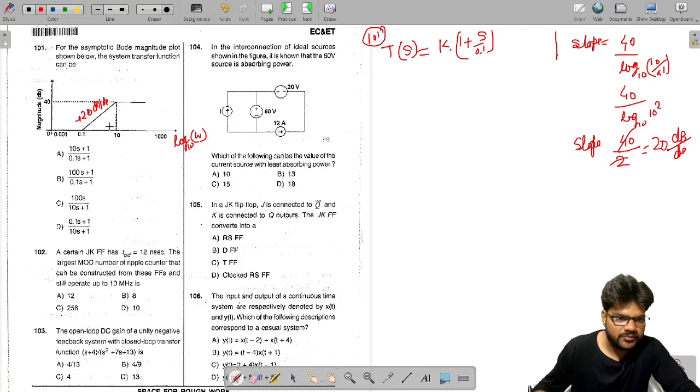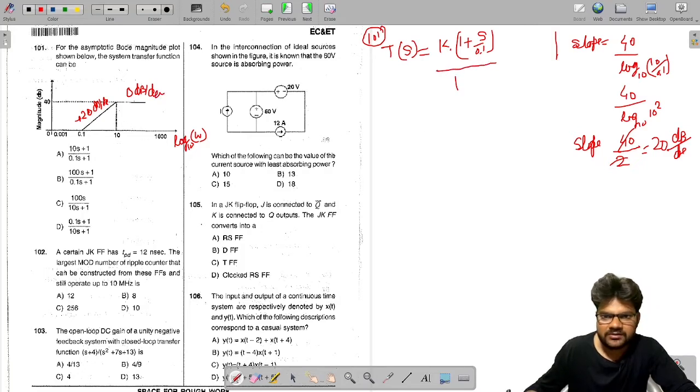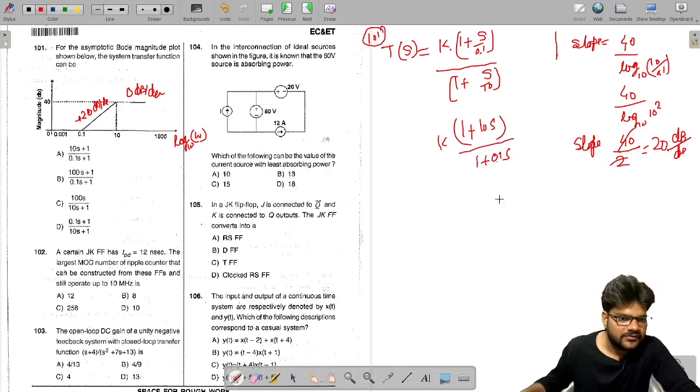After that, slope after 10 is 0 dB per decade. It means that there must be one pole at 10. Then we can write 1 plus s by 10. Right, so we can write 1 plus 10s divided by 1 plus 0.1s, and k is there. If you observe, then 0 frequency line or low frequency line is constant or 0.